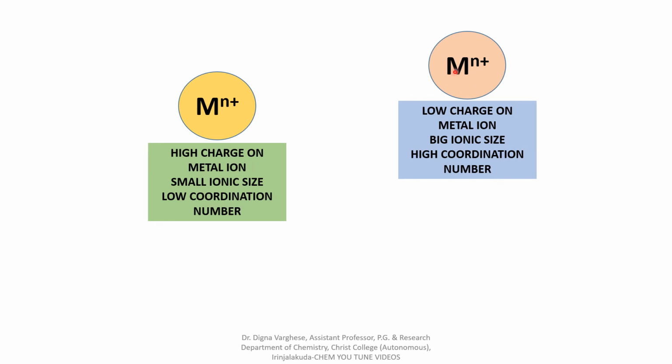So it favors higher coordination number. Once again, if the charge is high, size is low, so it favors low coordination number. If the charge on the metal ion is low, its size is big, and its coordination number is high.